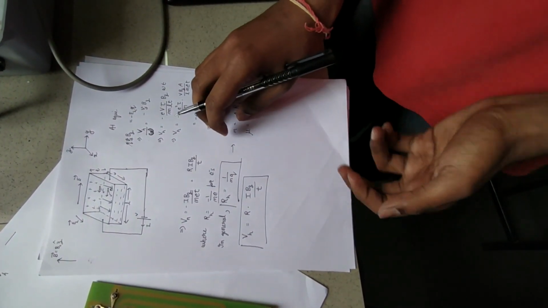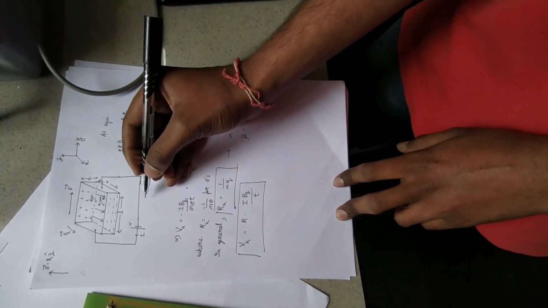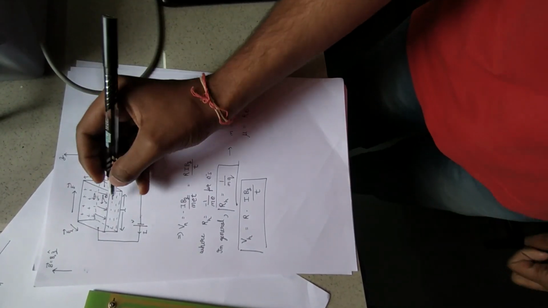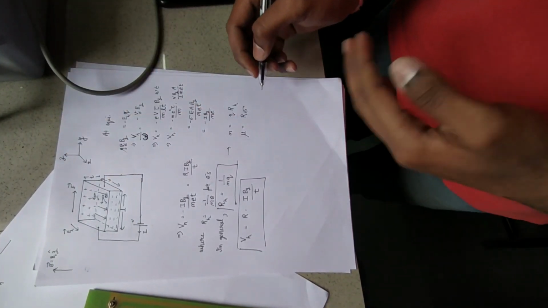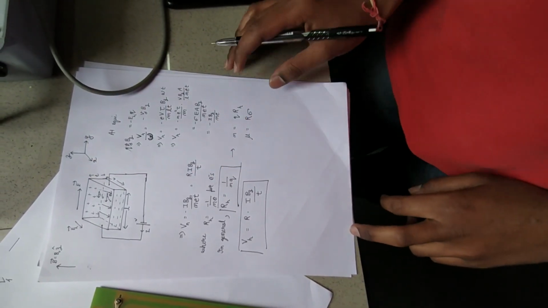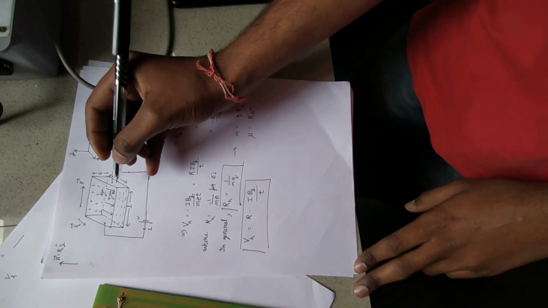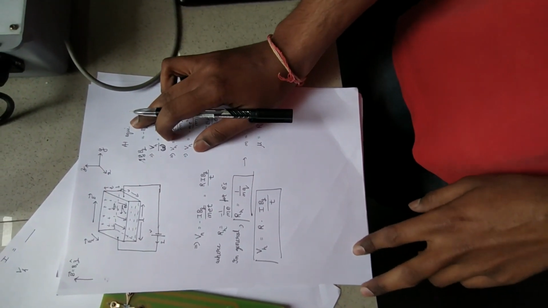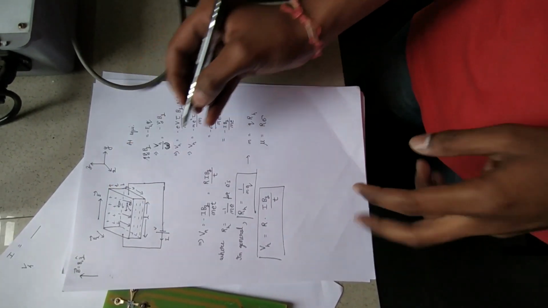Due to the Lorentz force, the electrons are attracted towards the negative x direction, and as a result negative charge develops here and positive charge there, due to which another electric field develops along the negative x direction. This electric field counters the drift caused by the magnetic field for the electrons. At equilibrium, the Lorentz force is exactly balanced by the electric field, which we call the Hall electric field.